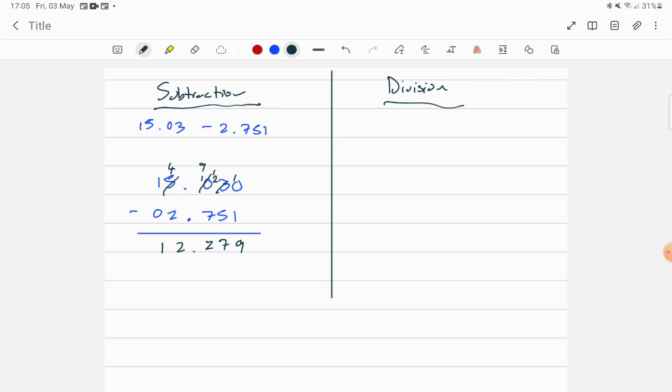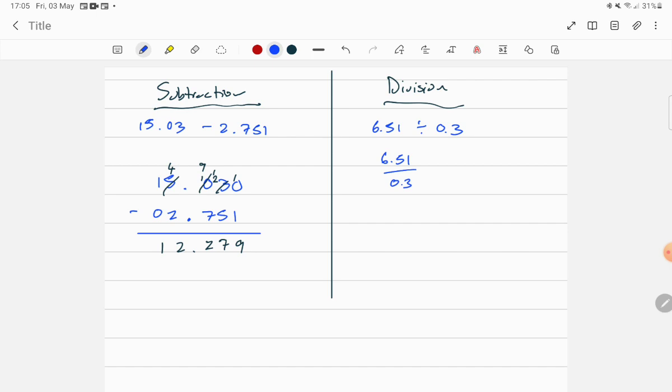So then division when it comes to decimals. For example, if we have 6.51 divided by 0.3. Firstly, the way we should approach this is to first write the division as a fraction. So it would be 6.51 divided by 0.3.